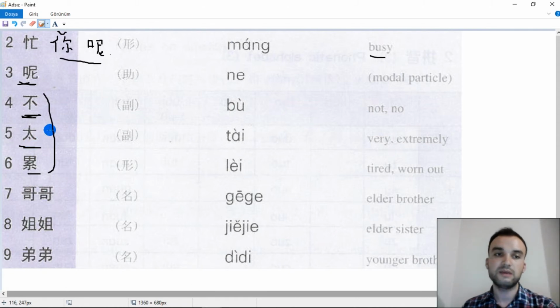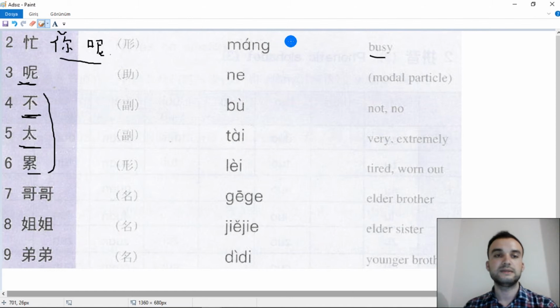If you want to make a positive sentence with very, you should use hen. It's like this for now. So we can say 不太累. For example, I am not very tired.